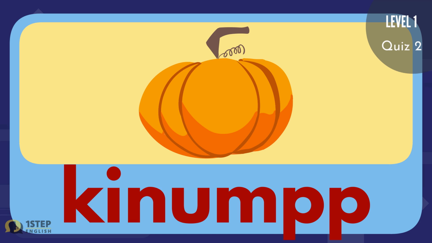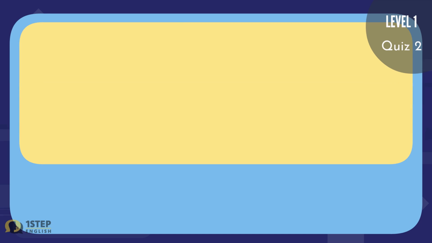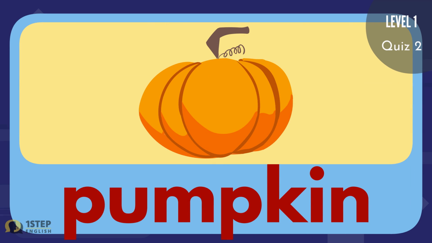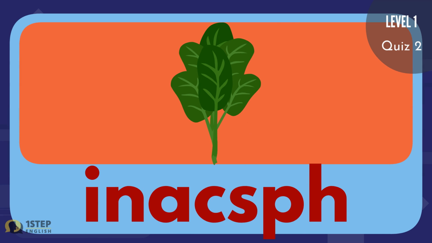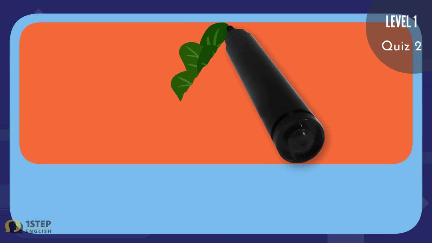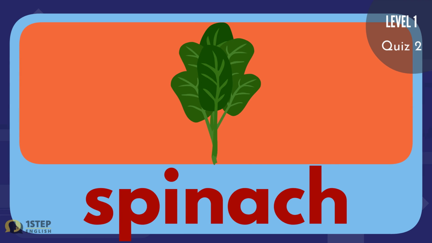K-I-N-U-M-P-P. The correct answer is pumpkin. I-N-A-C-S-P-H. The correct answer is spinach.